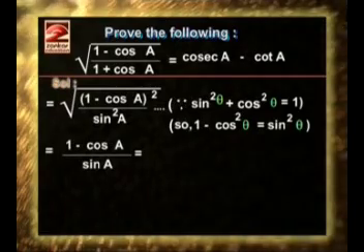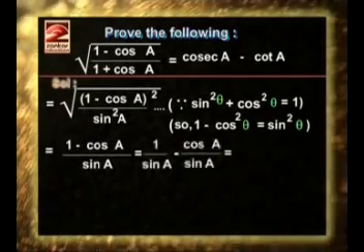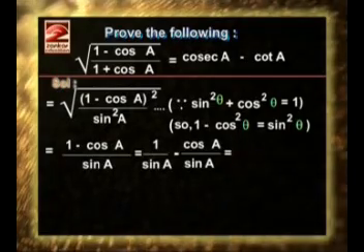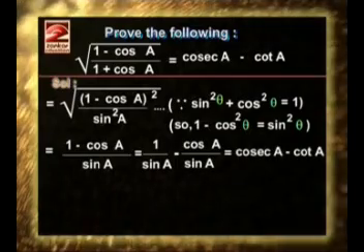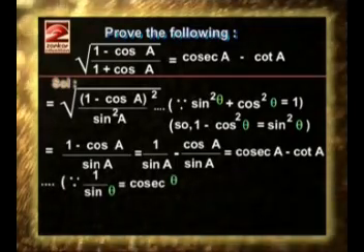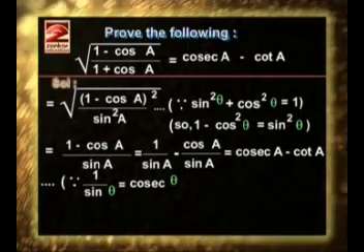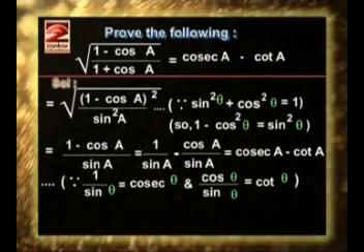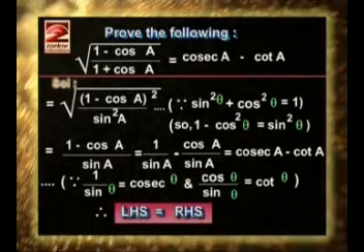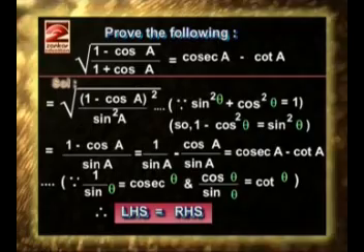That is equal to 1 minus cos A upon sin A. That is equal to 1 upon sin A minus cos A upon sin A. That is equal to cosec A minus cot A, because 1 upon sin theta is equal to cosec theta and cos theta upon sin theta is equal to cot theta. Therefore, LHS is equal to RHS.